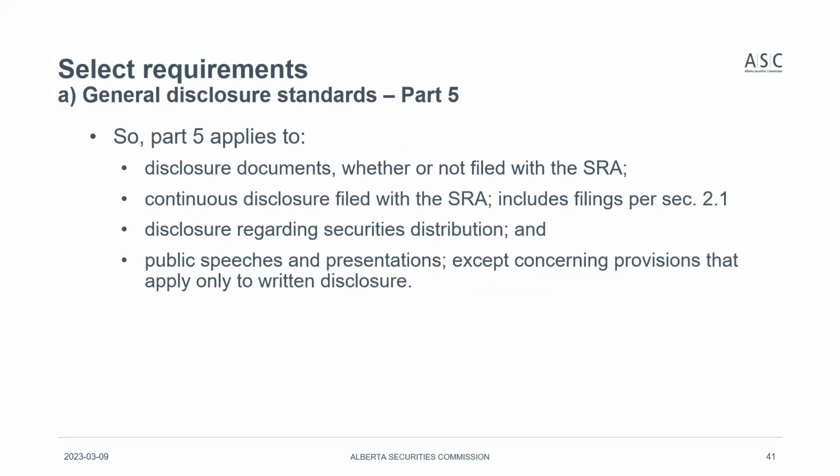Part 5 applies to disclosure documents, whether or not these are filed with the Securities Regulatory Authority. Continuous disclosure filed with the Securities Regulatory Authority, including the filings per section 2.1, so those annual filings. Disclosure regarding securities distributions, so that would be prospectuses and information incorporated as well. Public speeches and presentations, of course with the caveat, except concerning provisions that apply only to written disclosure.